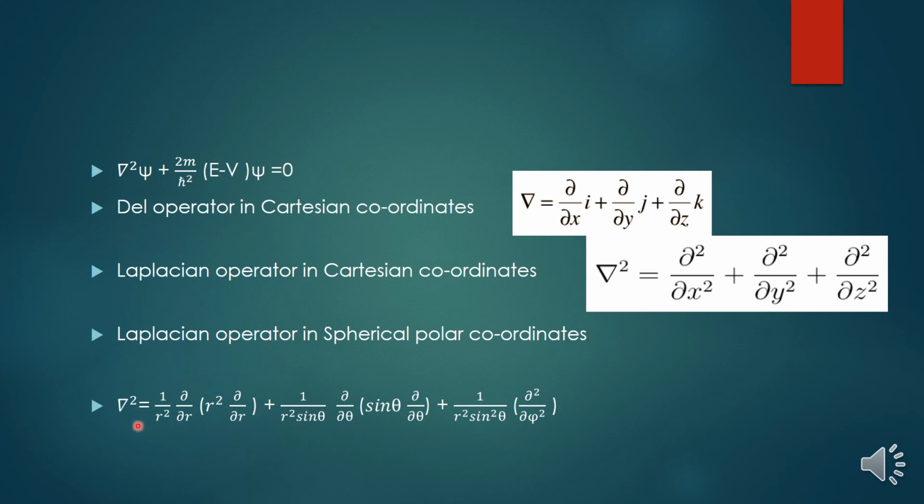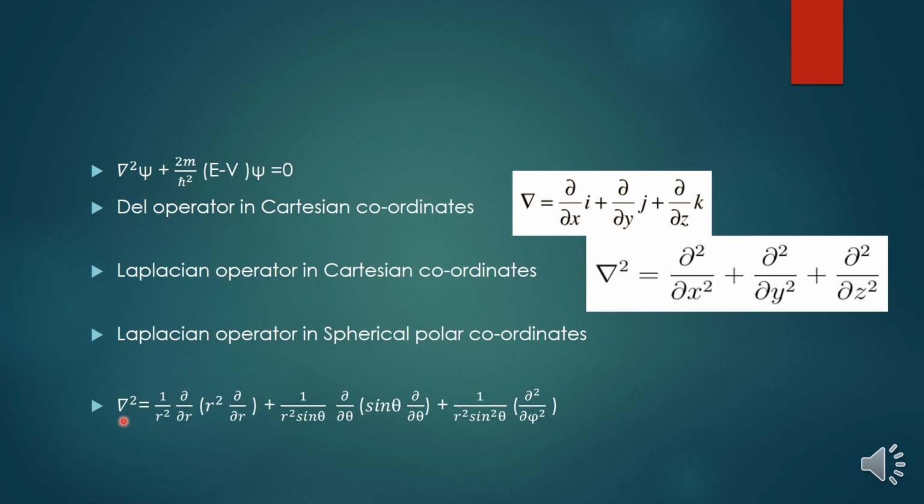You can derive the del square operator as 1 upon r square del by del r of r square del by del r, plus 1 upon r square sin theta del by del theta of sin theta del by del theta, plus 1 upon r square sin square theta of del square by del phi square. Please remember that the operator is not useful alone. You have to use this operator along with a function. The operator will operate on a function and then you will get a meaningful result.